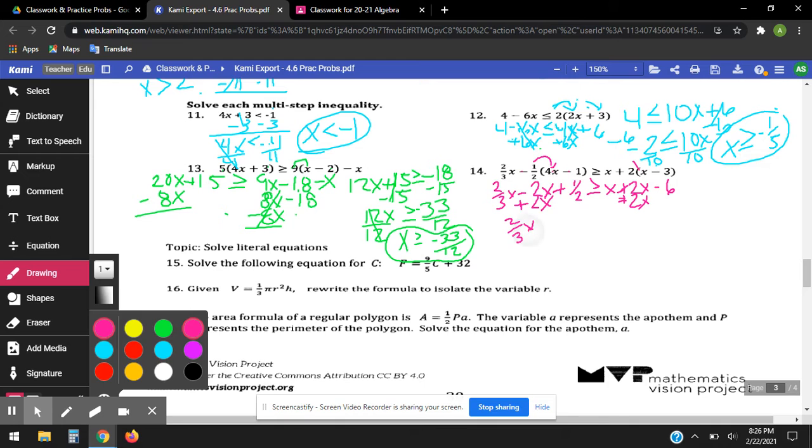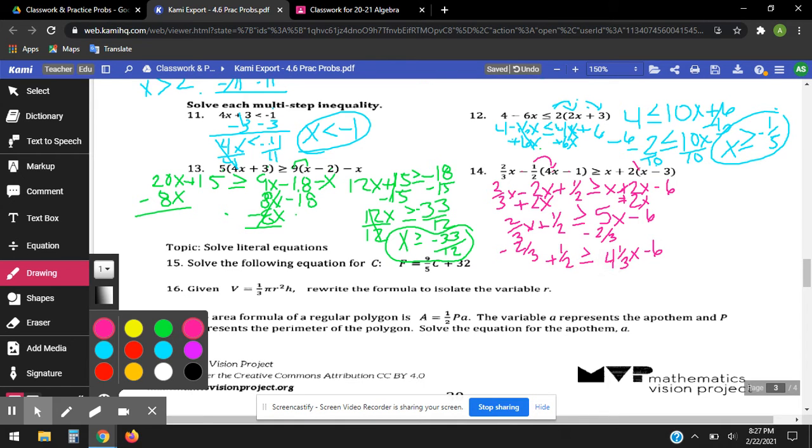2/3 x plus 1/2 is greater than or equal to x plus 2x plus 2x. That's 5x's minus 6. So now I can subtract 2/3 minus 2/3. That gets me 4 1/3 x minus 6 plus half over here.